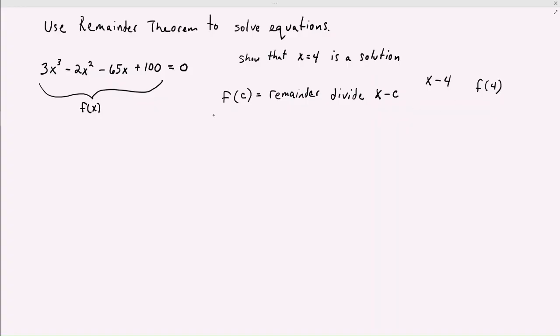And if we get 0 for a remainder, then f of 4 equals 0. So let's take f of 4, and if we get a 0 right here, we know that it's a solution to this.